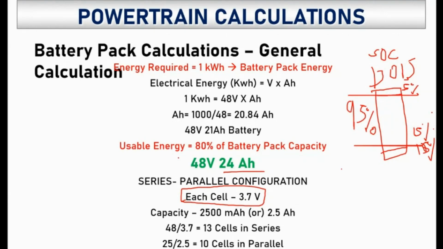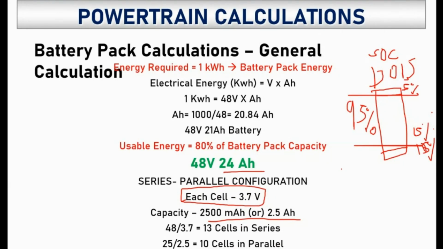When you look at the specifications from the supplier, you can have cells of different voltages, and cells of different capacity ratings. With this information, you can calculate how many cells should be connected in series and parallel to get the needed configuration.